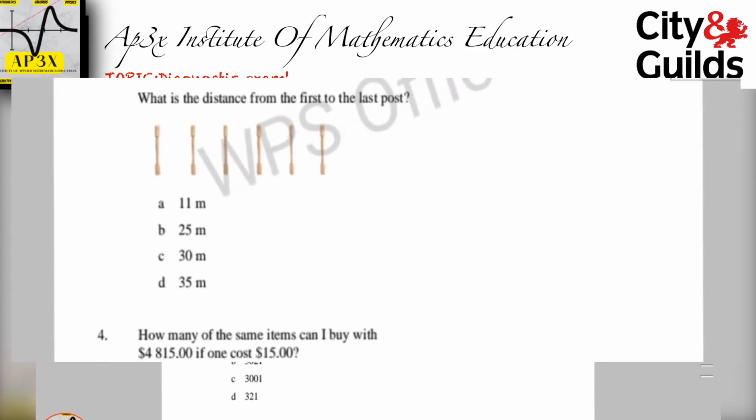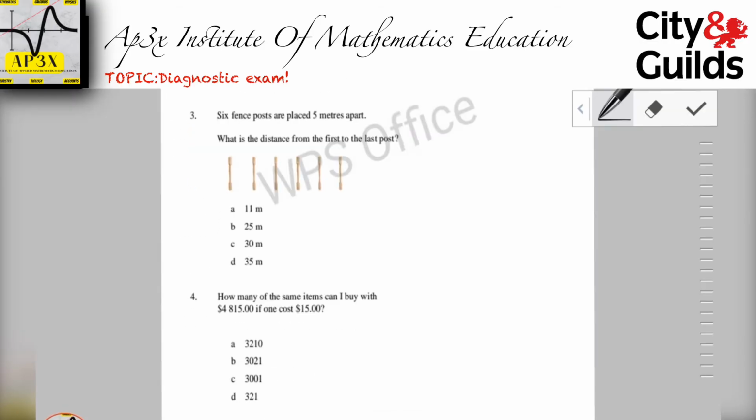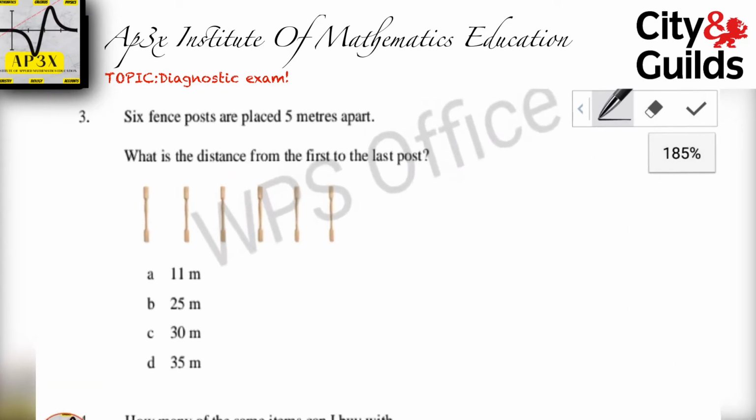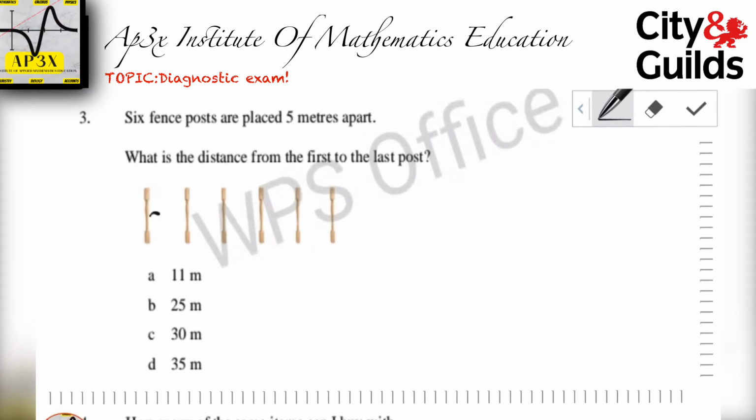Let's move on then to question 3. 6 fence posts are placed 5 meters apart. What is the distance from the first to the last post? Well, there are 6 posts. So between, let's zoom up here, between the first post and the second post is 5 meters.